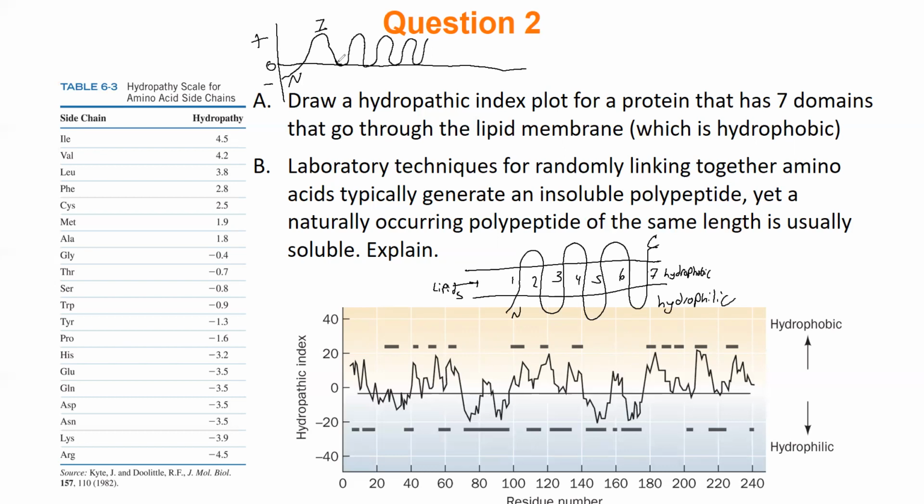So 1, 2, 3, 4, 5, 6, 7, and then my little tail's coming out. So that is how a hydropathic index for a protein with 7 domains going through the lipid membrane might look.